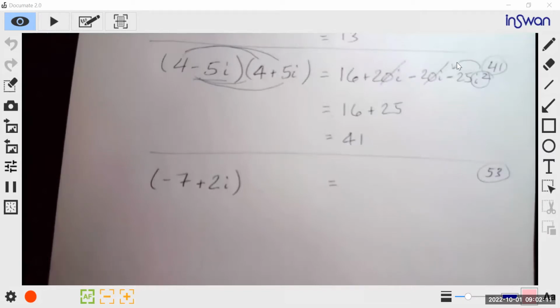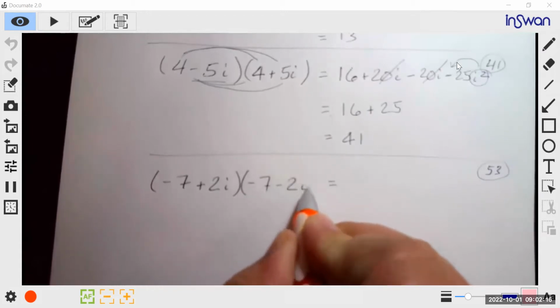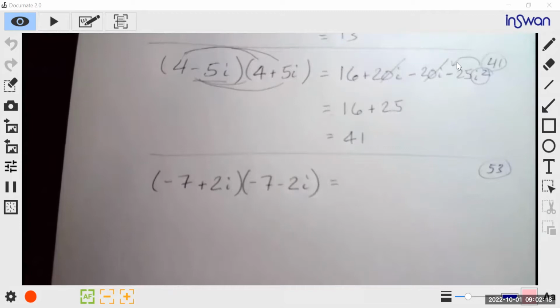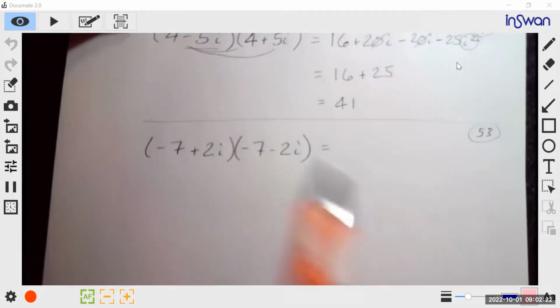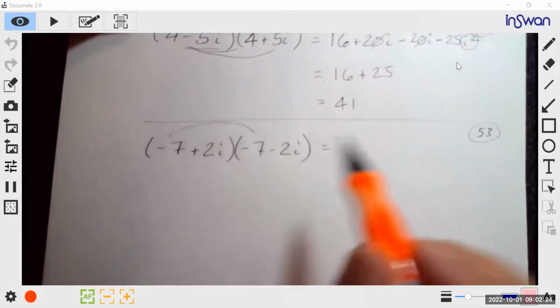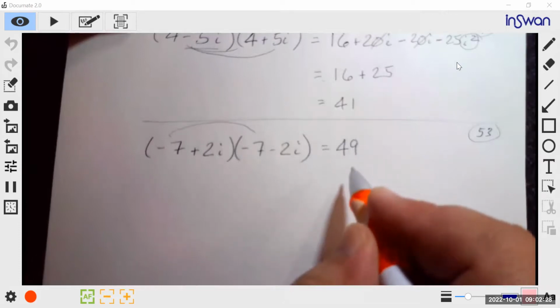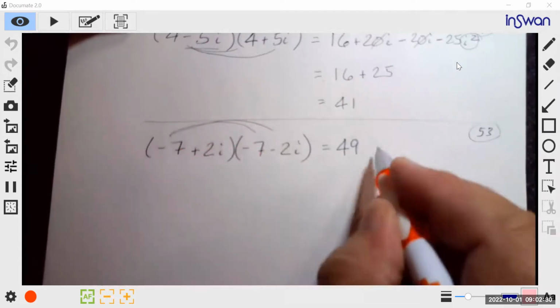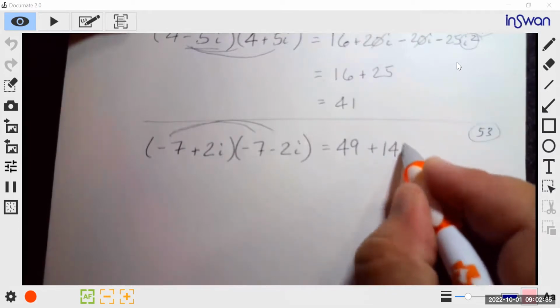Negative 7 minus 2i. Yes, excellent. Negative times negative is a positive. 7 times 7 is 49. Negative times negative is positive. 7 times 2 is 14i.